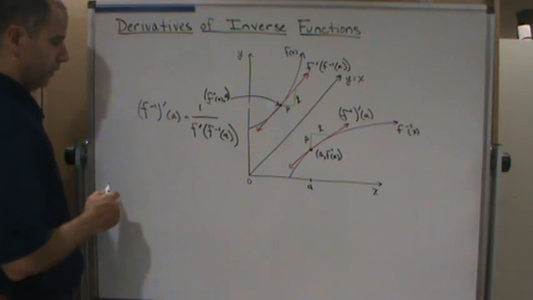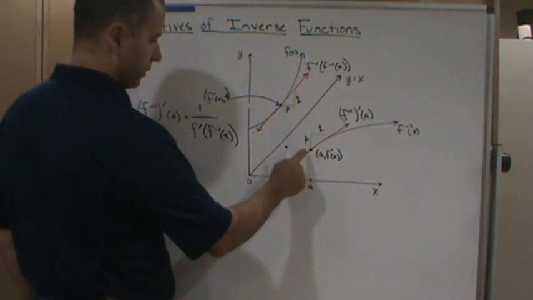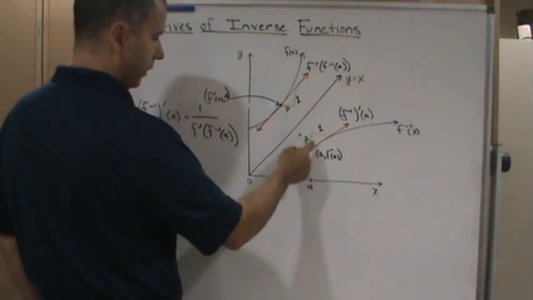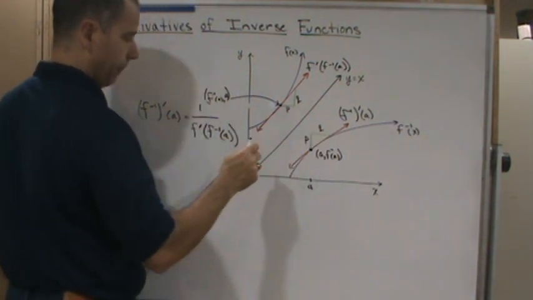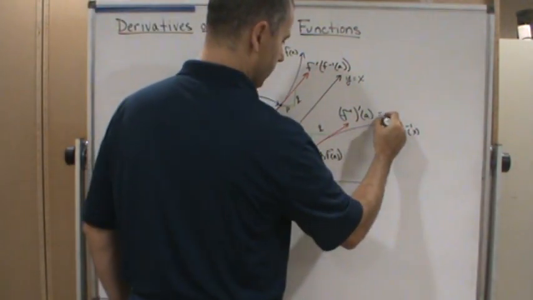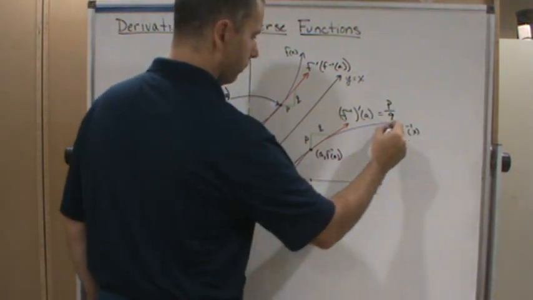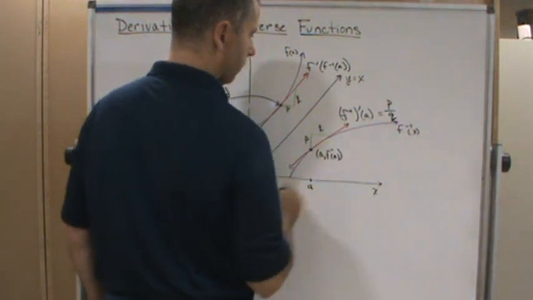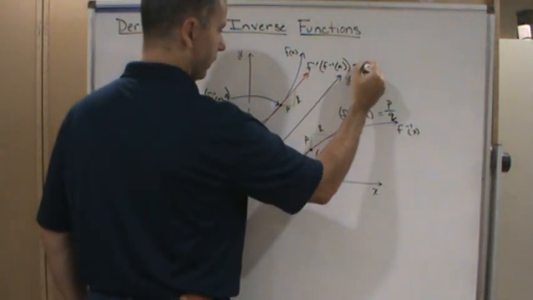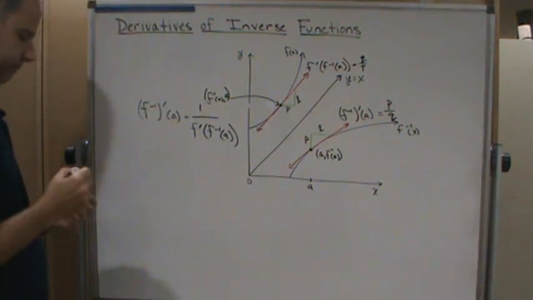Because obviously from here we have this is equal to P over Q, and this one is equal to Q over P.